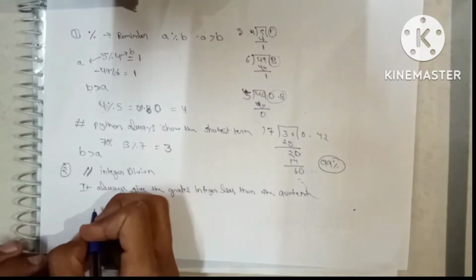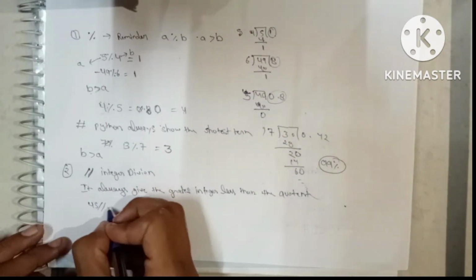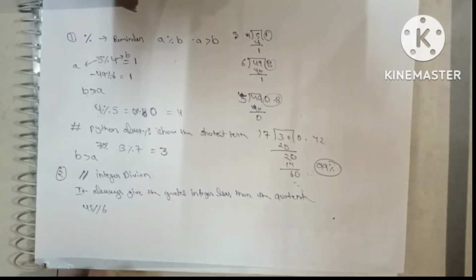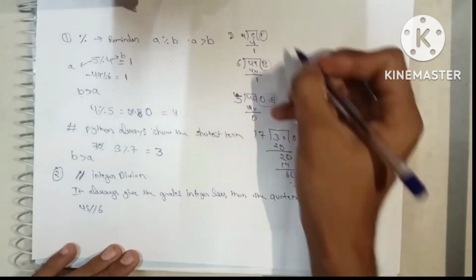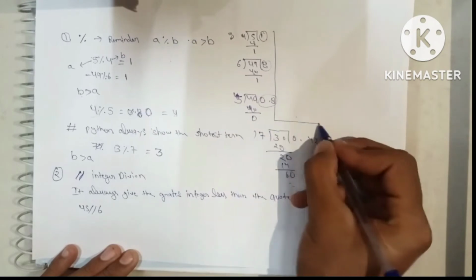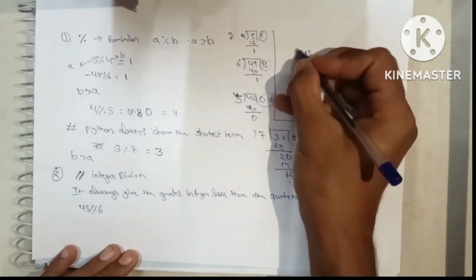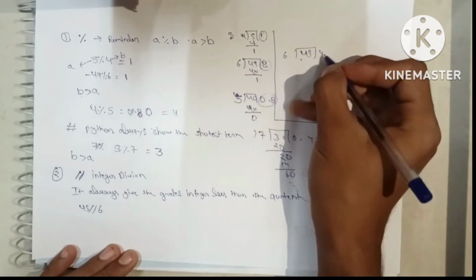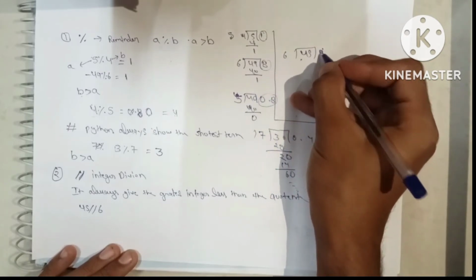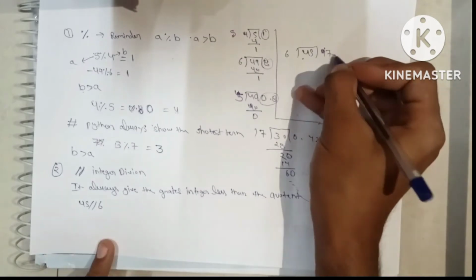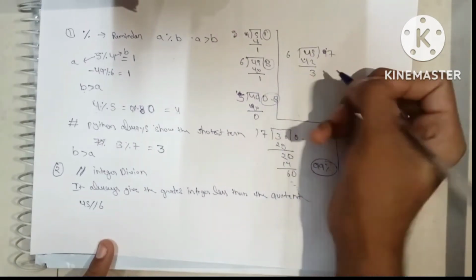Now integer division, whenever we are going to divide 45 by 6, we will do simple division, that is 45 divided by 6, 6 4 are 24, 7 42, 3.